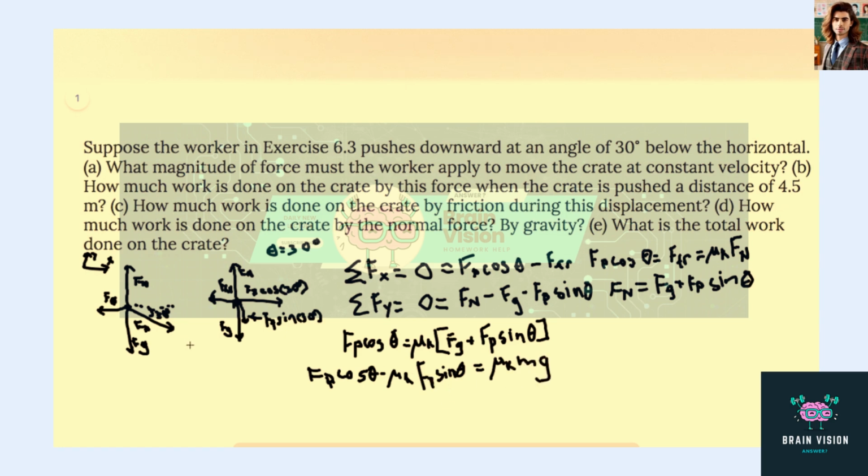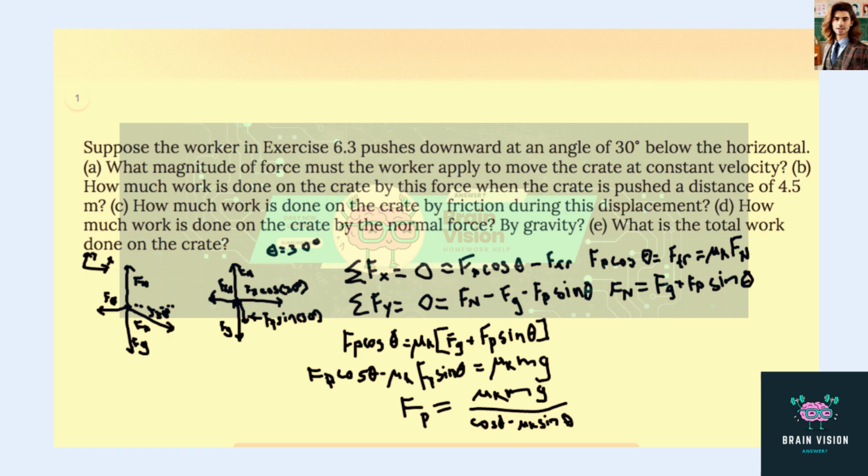So in this case, I can pull out my Fp and divide by the expression that's left, which will be cosine of theta minus mu k sine of theta. And we get that Fp is equal to mu k mg over cosine of theta minus mu k sine of theta.